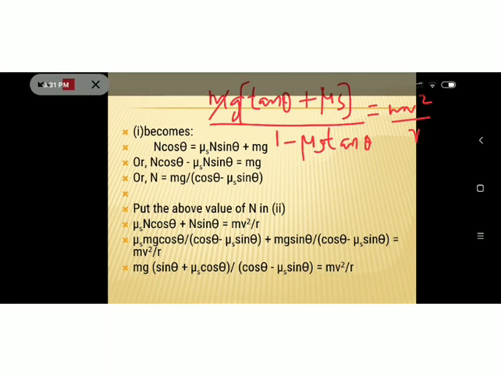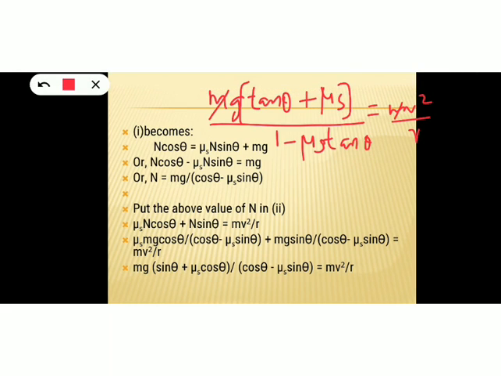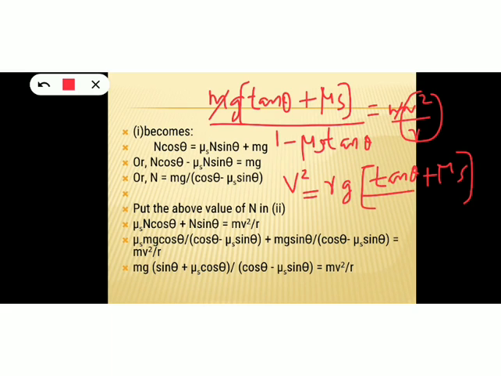So here we have m, here we have m, like factors will be cancelled. Then we are left with v square by r here. You need to find out the expression for v square. So from this you will get v square equal to rg into tan theta plus mu s by 1 minus mu s tan theta. Okay, this is v square, then v will be square root of this expression.